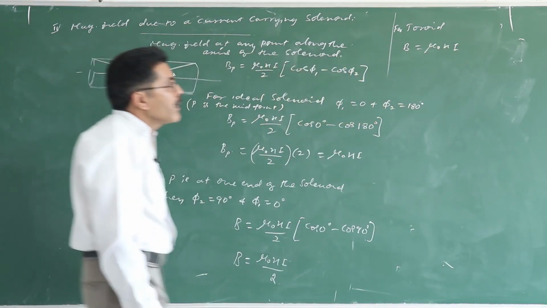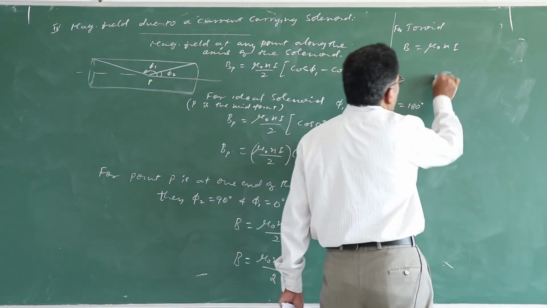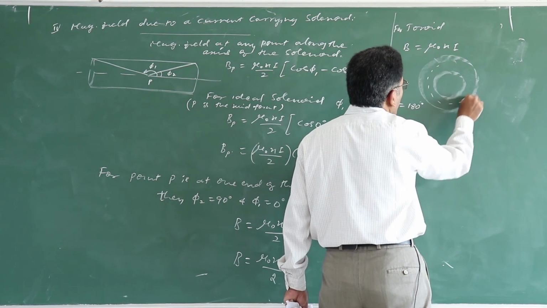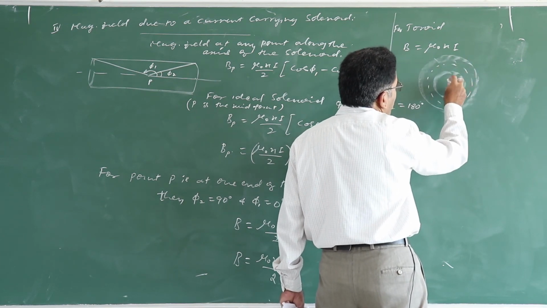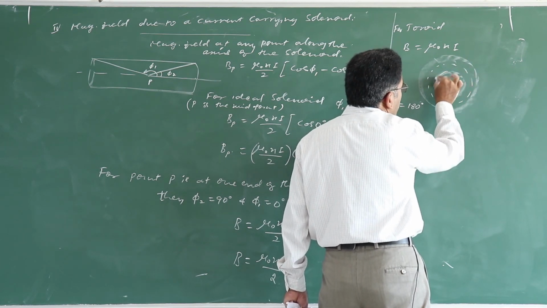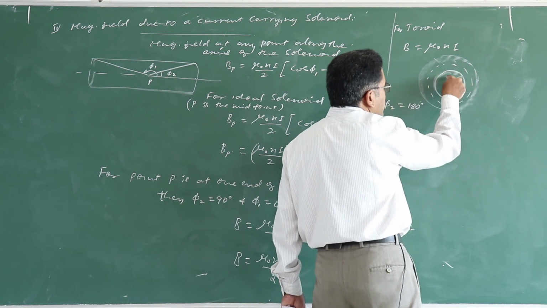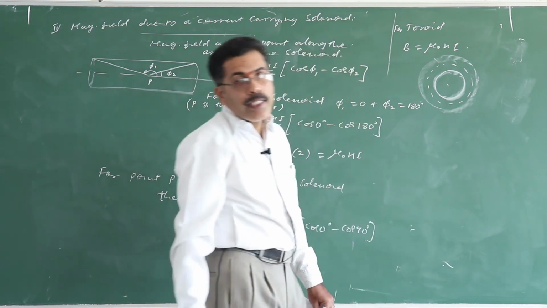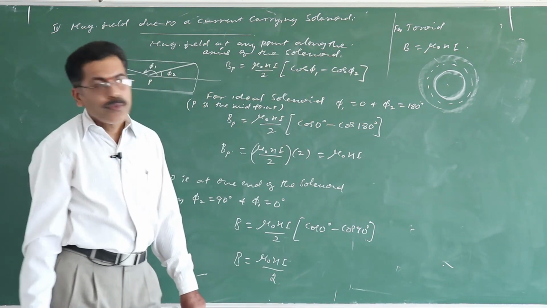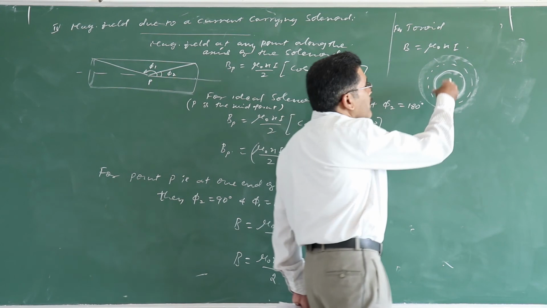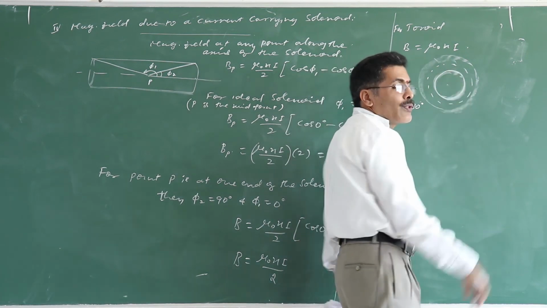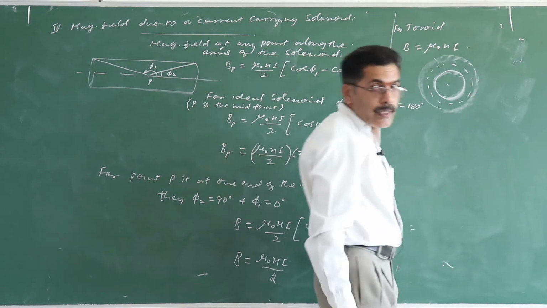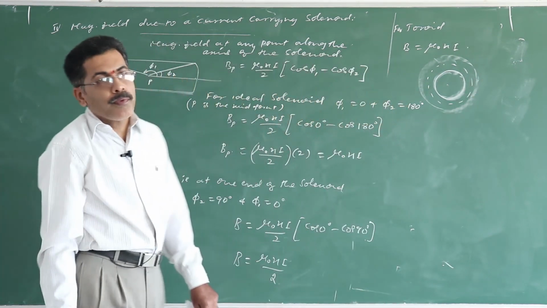In a toroid, magnetic field is present only inside the solenoid. If you take a point external to it, here or outside, the net magnetic field is 0. There is no magnetic field external to the solenoid, either inner region or outer region. Net magnetic field is always equal to 0.